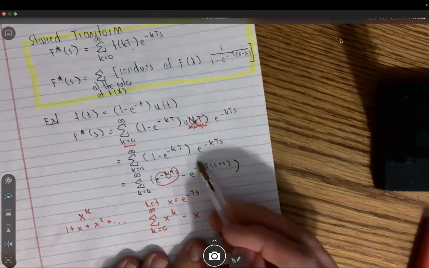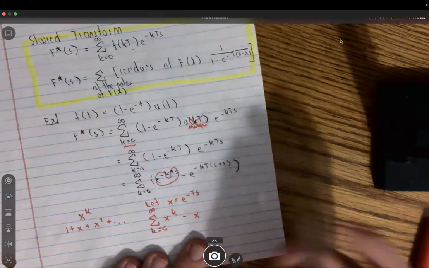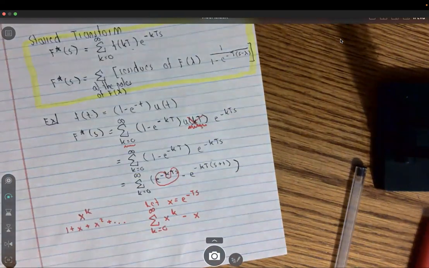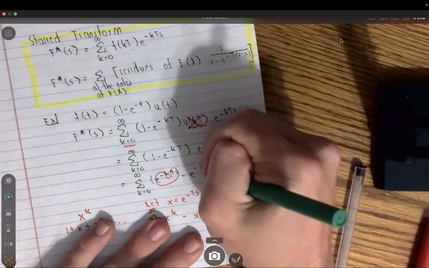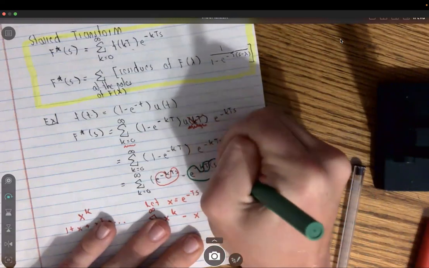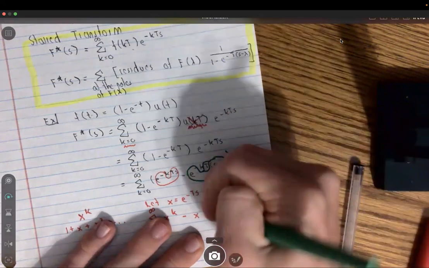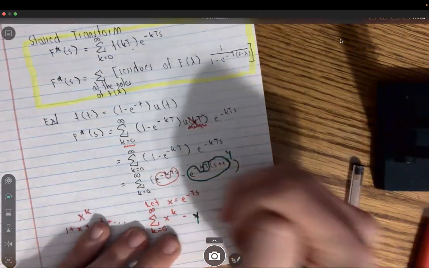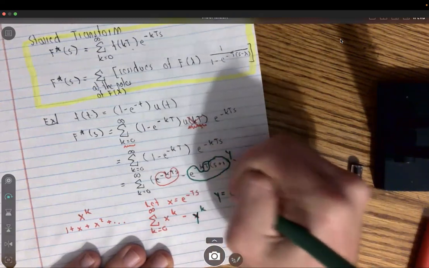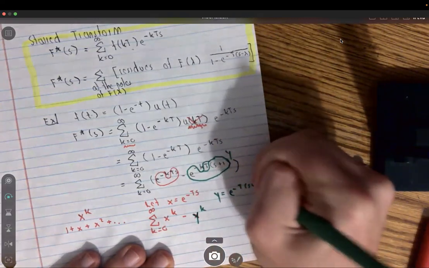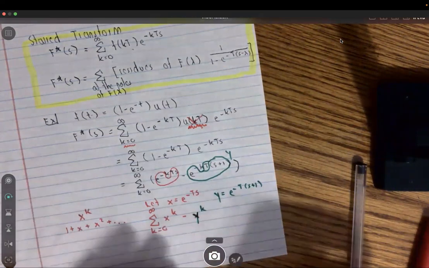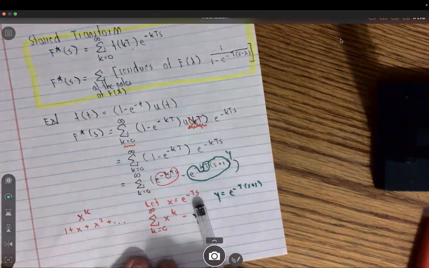What you can do, just real simple, because this stuff is constant, is let this right here be y, and so then you can write minus y to the k. Here, if you let y equal e to the negative T times (s plus 1), because that is constant, the only thing changing is k in our summation. And so what we're going to have here is minus y to the k.